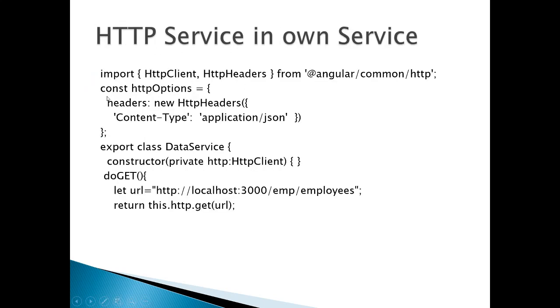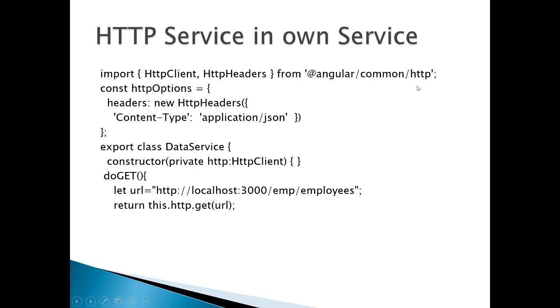This is our own service, and we have created this service using ng generate service and the name of the service. For example, in this case I have provided the name data. So it has created a service.ts file with this class. Now what we have to do is import HttpClientModule from @angular/common/http.